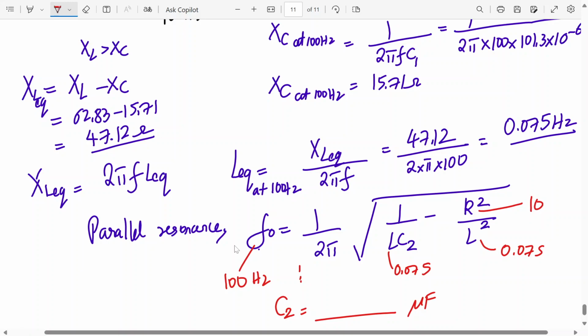Anyone got a nearby value? 32.32. How much did you get? But you got the same result or no?